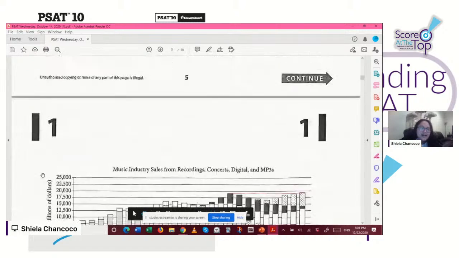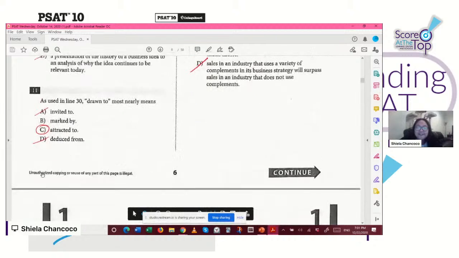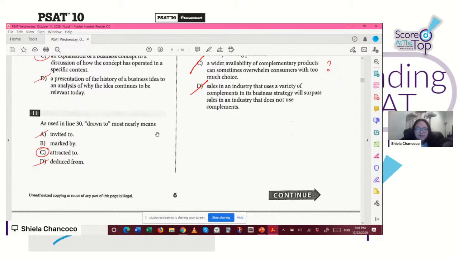Drawn to. I miss live concerts. Drawn to most nearly means attracted to, right? They're more than likely to go. It's not invited to, it's not marked by, it's not deduced from. Those are all not in context to what they're trying to say in the passage.